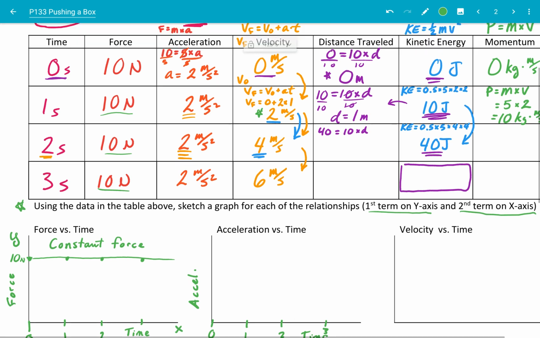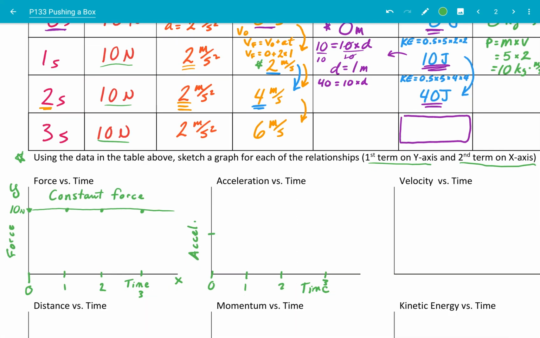Even from the very beginning, when time is 0, its acceleration is going to be 2. It hasn't started moving yet, but its acceleration is still 2. So we'll put that somewhere right here maybe. And then it's constantly 2. They're not always going to be constant like this, but the first 2 are. So again, we have constant force, and now we have constant acceleration.